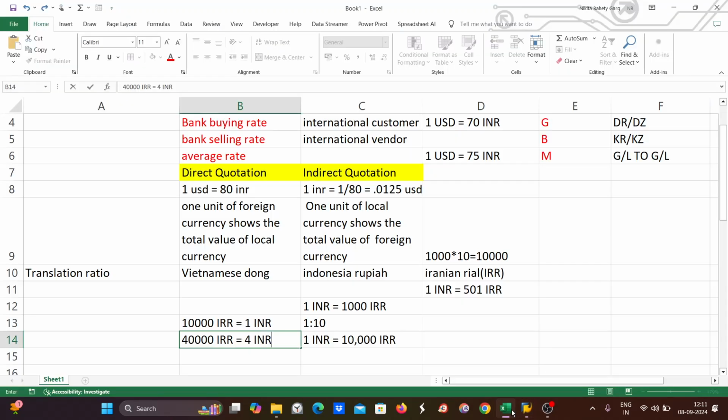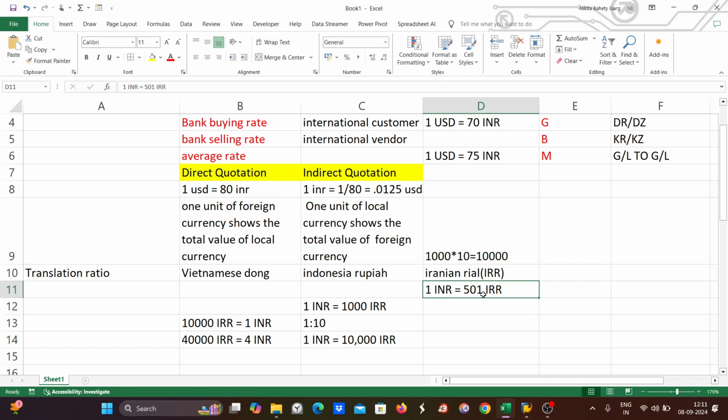So from this, what you can conclude is, what is the role of translation ratio? Translation ratio comes into the picture when there are two currencies with a major difference between them, and one of the currencies is highly inflated. In that situation, we use translation ratio, because generally it is 1:1, but it changes in this condition.